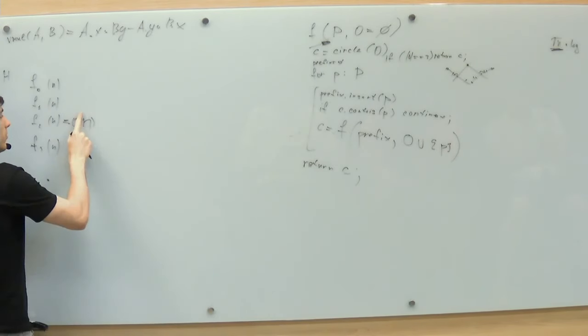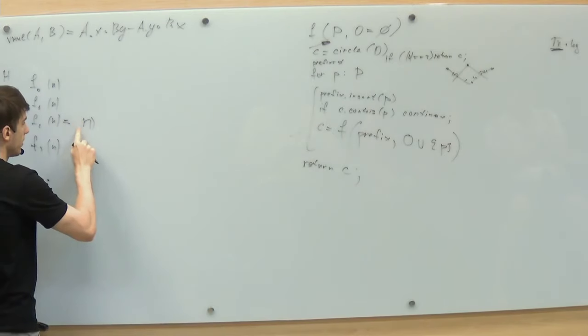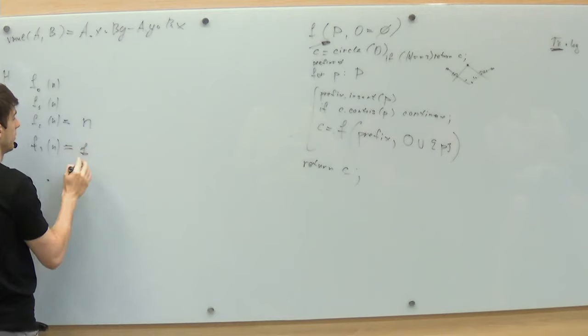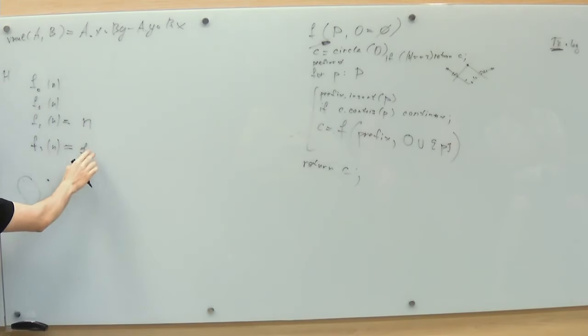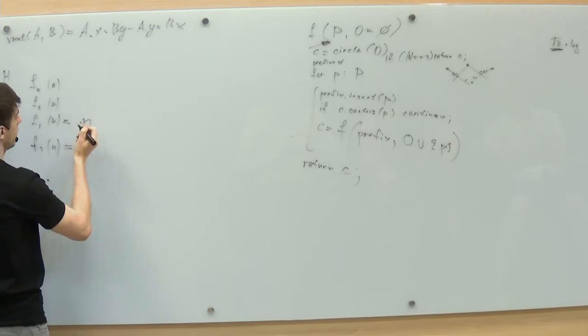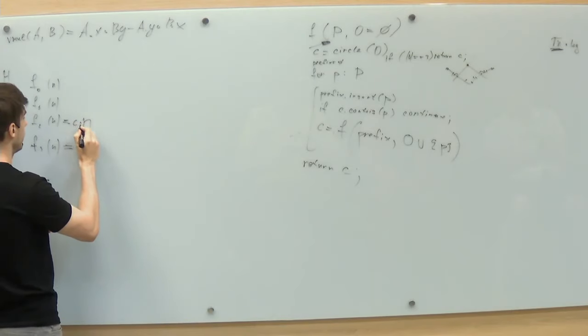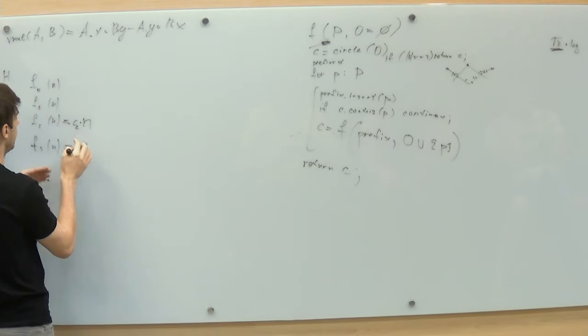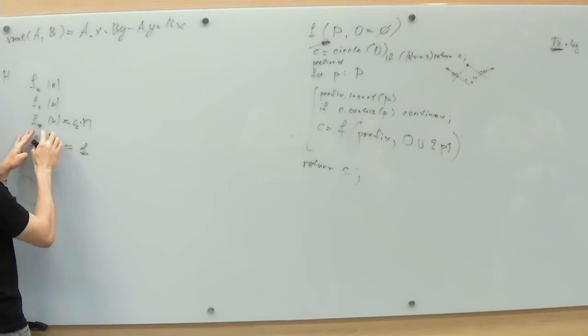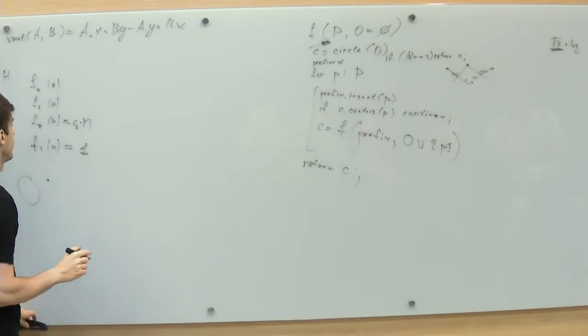So it's just n, maybe with some constant. Let's call it C2, with the same index. Some constant, it doesn't matter which one.